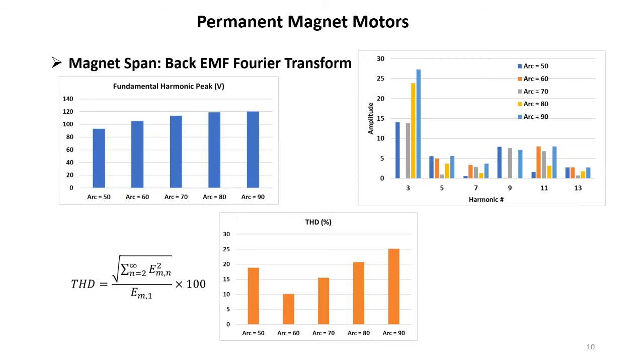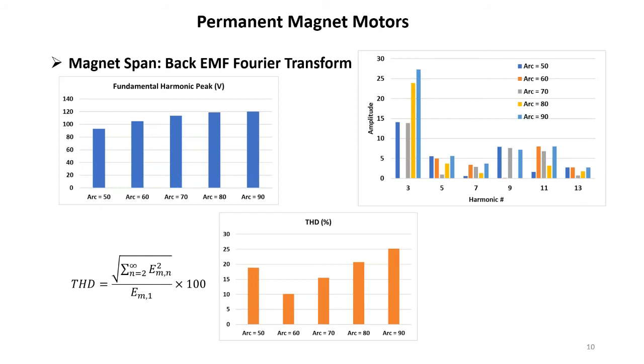So it's very important. And one criterion to see this is the THD, which is the ratio of the harmonics to the fundamental harmonic. By showing this, you can say it's the criterion for how much a waveform is distorted or deviated from the sinusoidal.